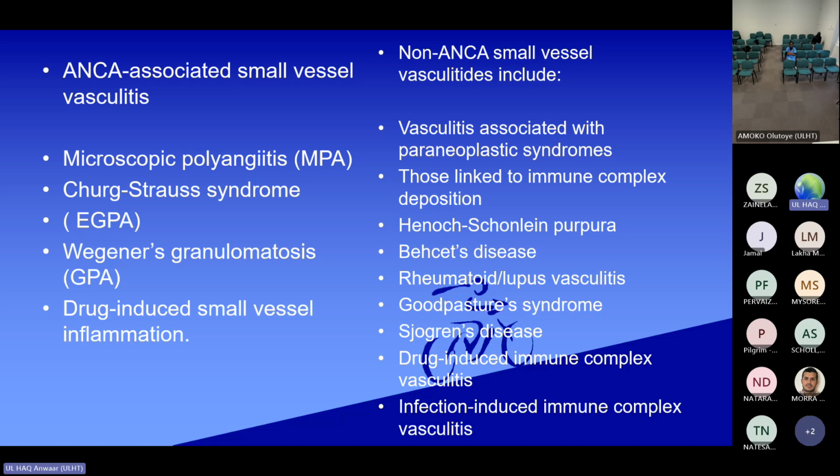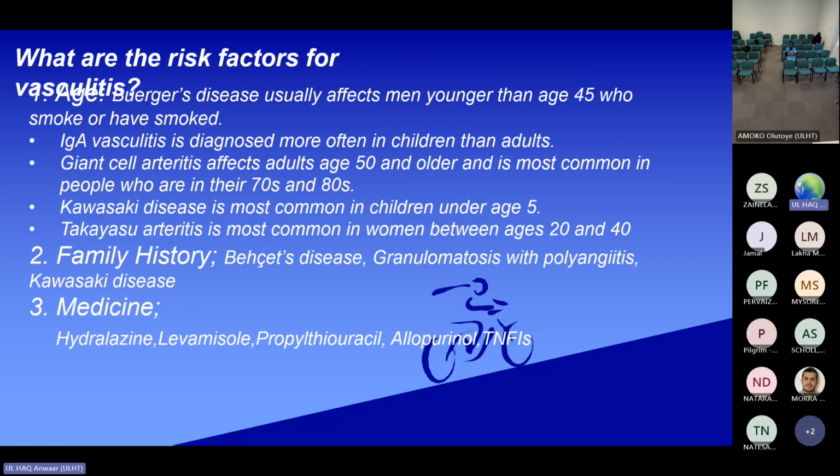So there are three ways you can easily classify them. We use both ways: sometimes vessel size, and sometimes the ANCA. So what are the main risk factors for vasculitis?